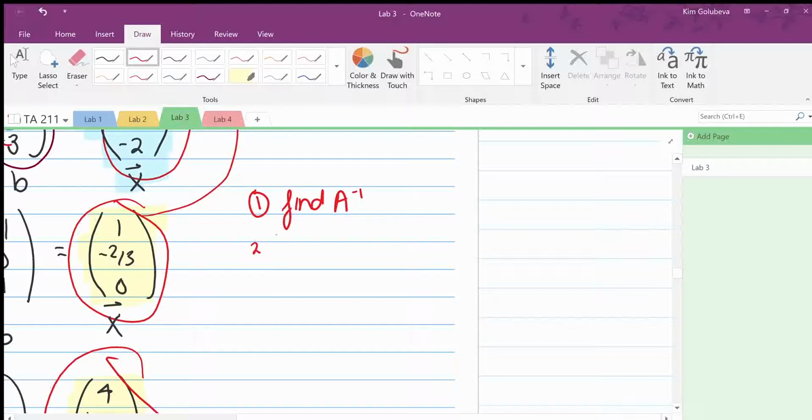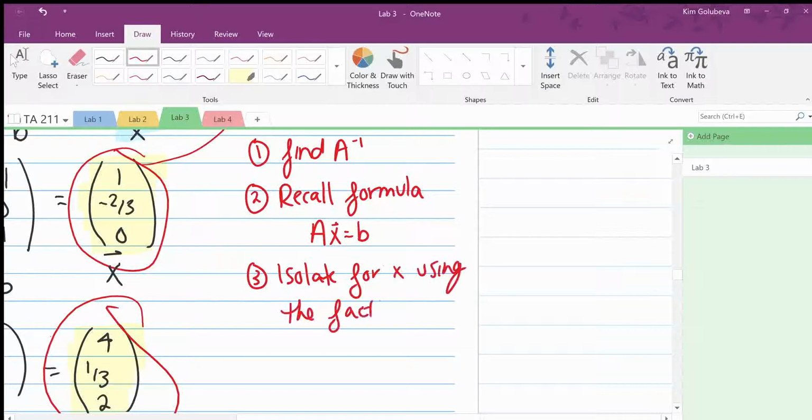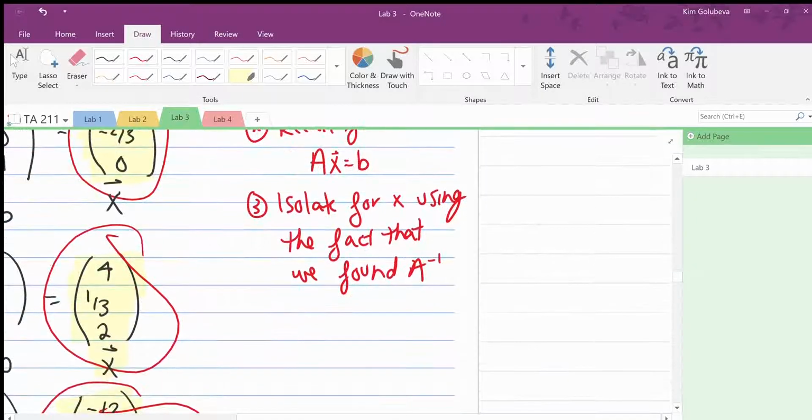Your second step is to recall the formula for the solution of a system, which is AX equals B. Your third step is to isolate for X using the fact that we found A inverse, so that A inverse does exist.